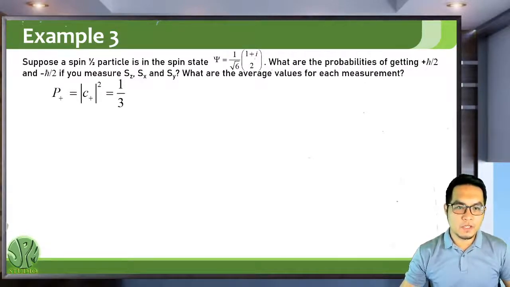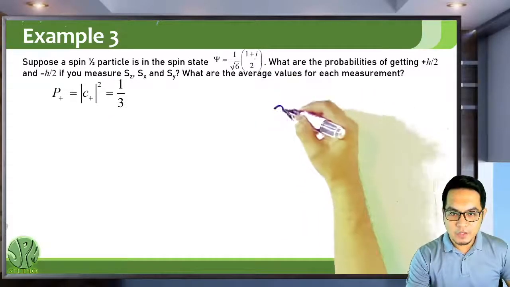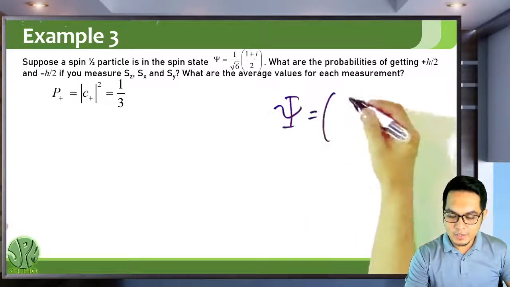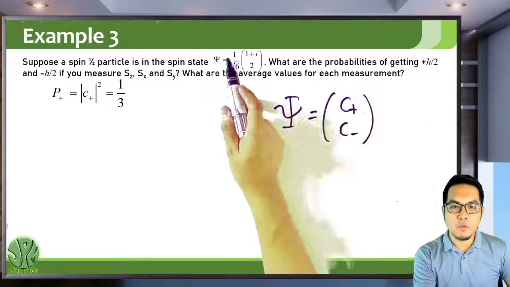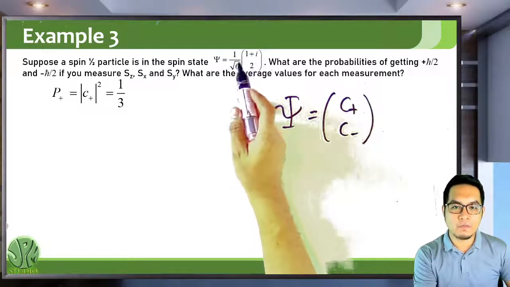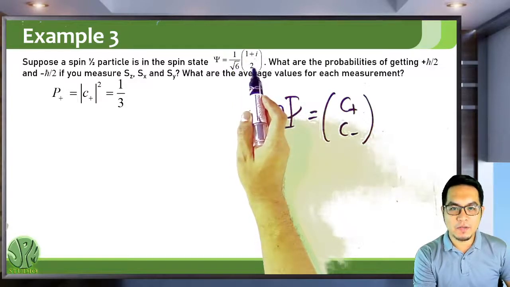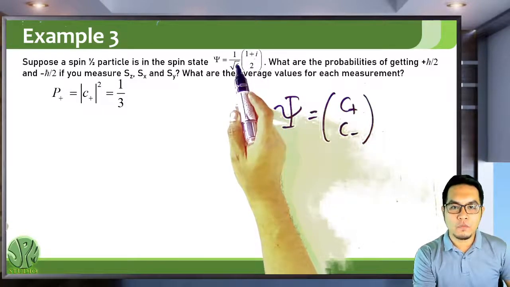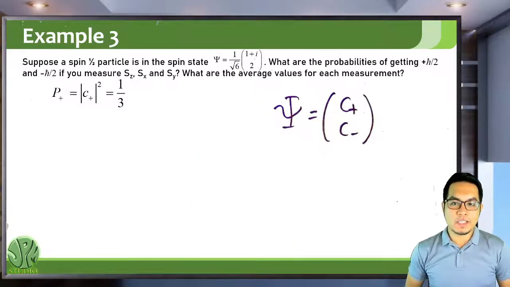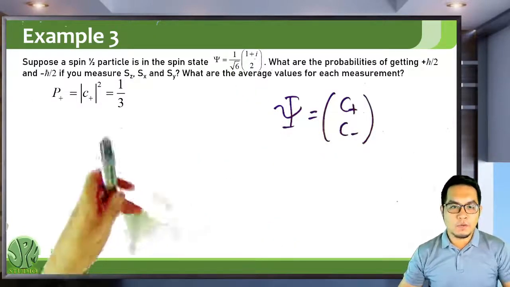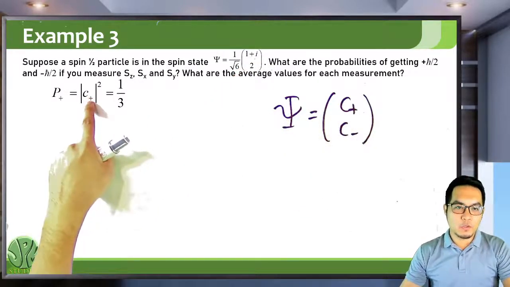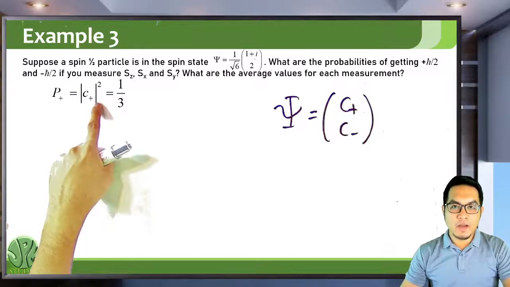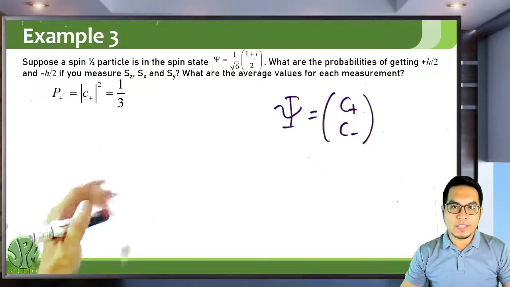So of course, in this problem, you must write your psi as c plus and c minus. So it's obvious here that c plus is (1 plus i) over square root of 6, and c minus here is 2 over square root of 6. So therefore, take the absolute value of (1 plus i) over square root of 6, squared. Take note, the meaning of absolute value squared is conjugate times itself.